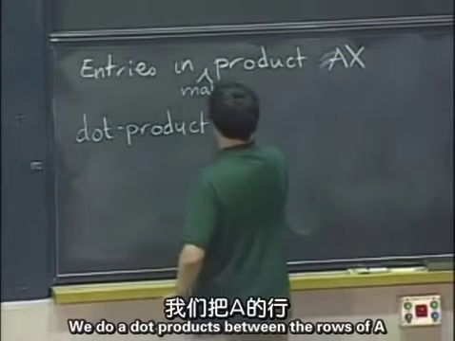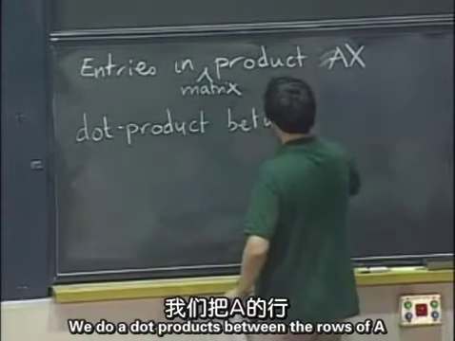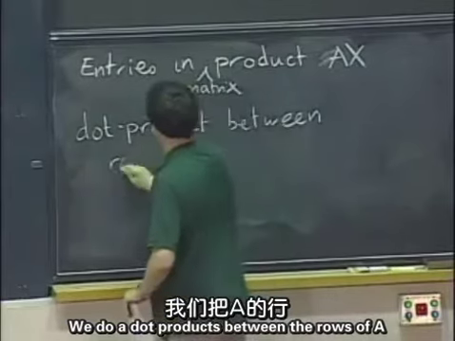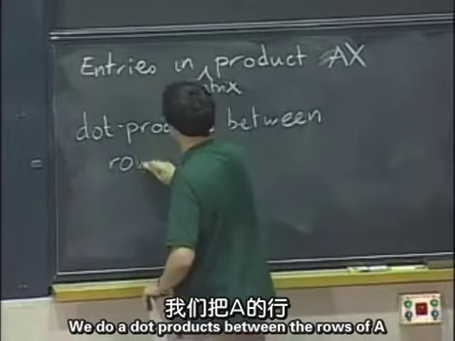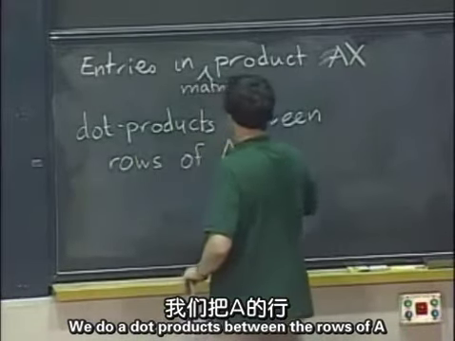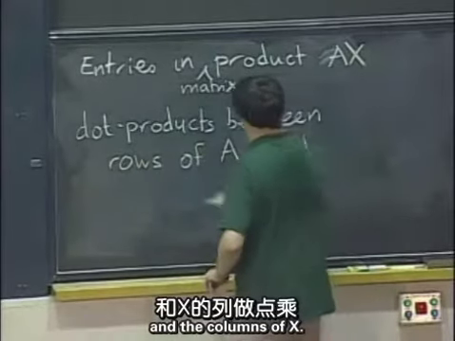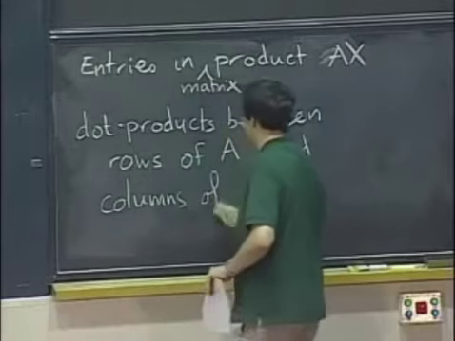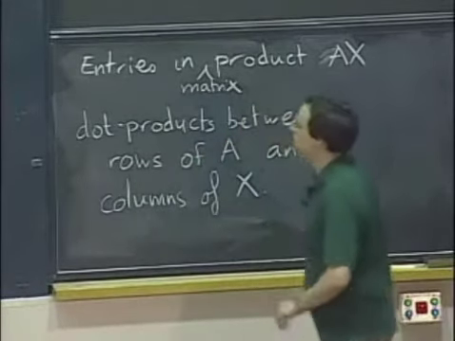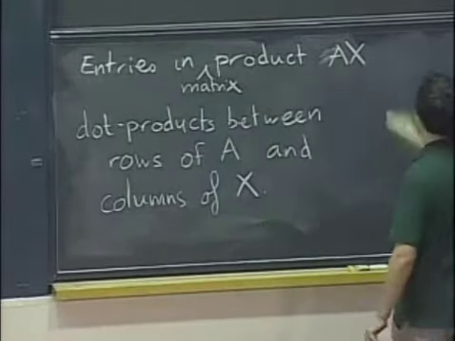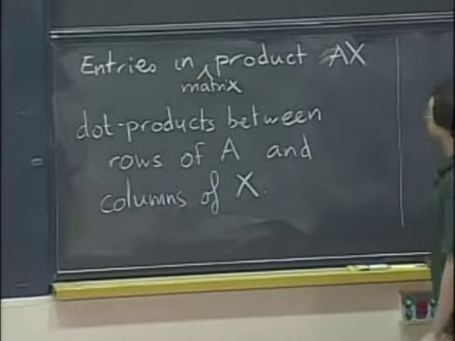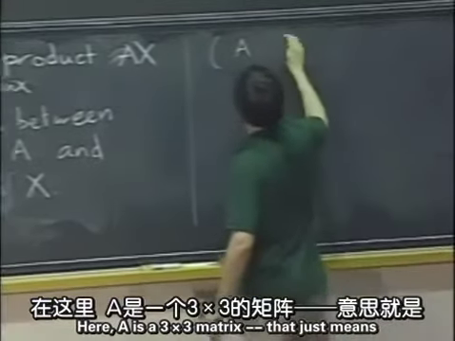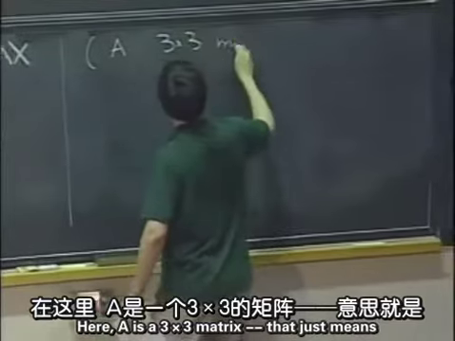So we do a dot product between the rows of A and the columns of X. Maybe I should say here, A is a 3 by 3 matrix.